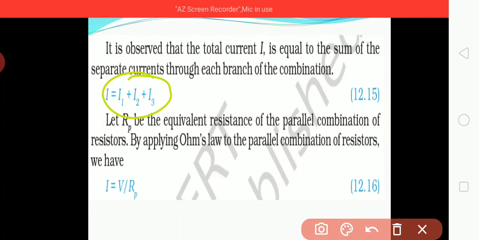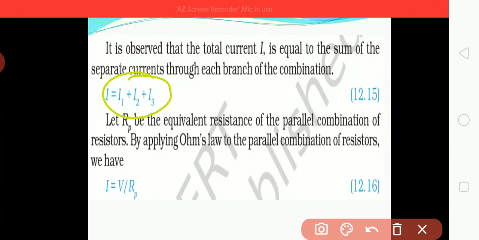So I = I1 + I2 + I3, where I1 is the current passing through resistance R1, I2 through R2, and I3 through R3.